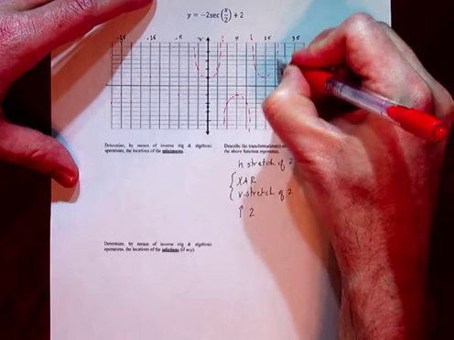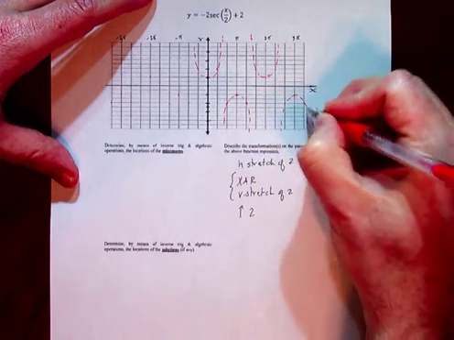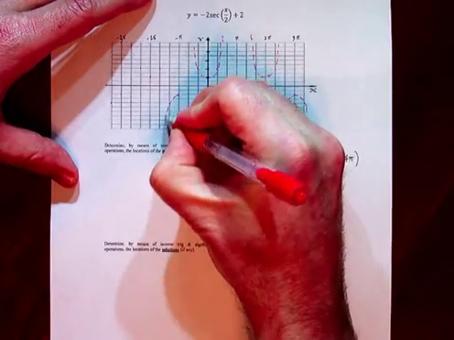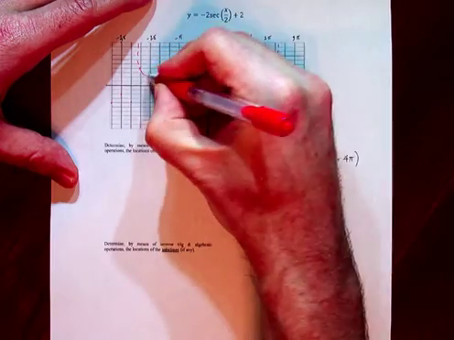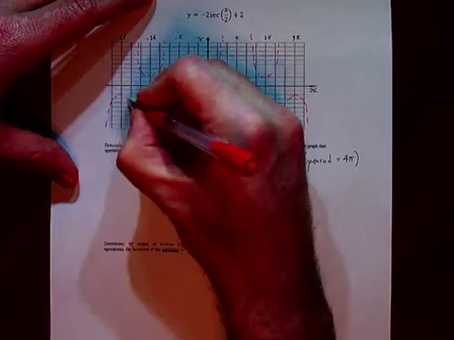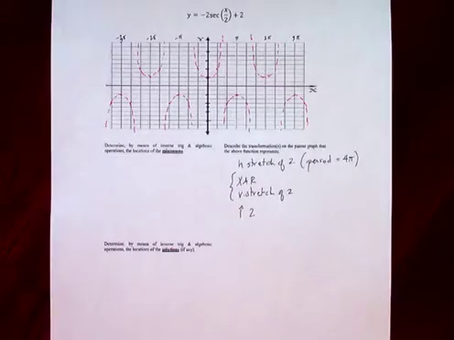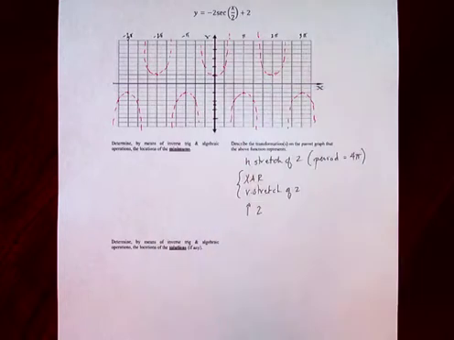And you need to be precise enough with this graph such that I can tell from the parent to the transform graph, I want to be able to see the steepness increase. Also, if you drew these so that some of the lines crossed the asymptotes, which they can't, right?